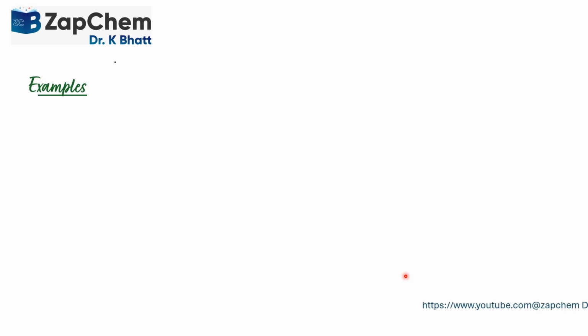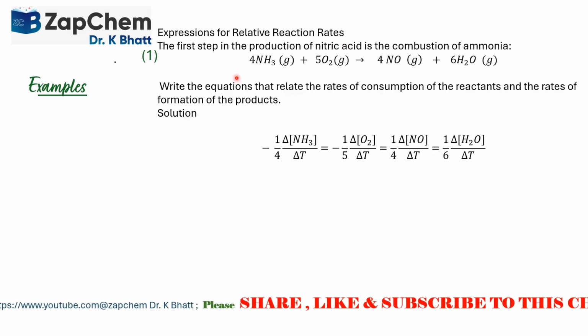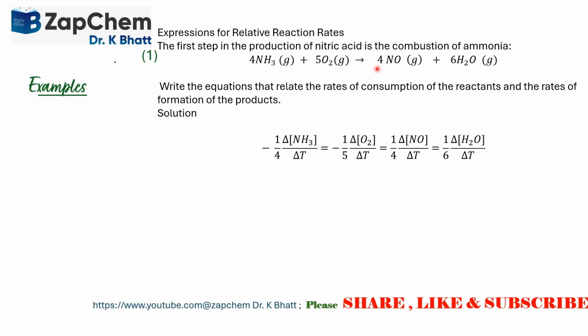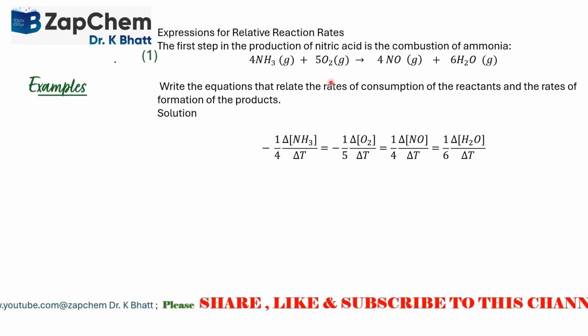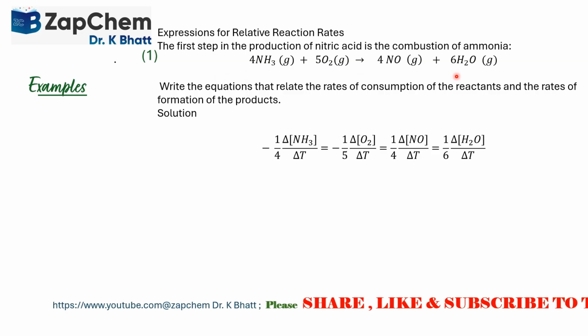Then again, let us have an example to express the rate of reactions. Here is a simple expression for relative reaction rates. There is a very simple reaction during the manufacture of nitric acid by Ostwald process from ammonia. By combustion of ammonia at a high temperature in presence of a catalyst, this reaction takes place and you get nitric oxide and water. Of course, these are all gaseous reactions.